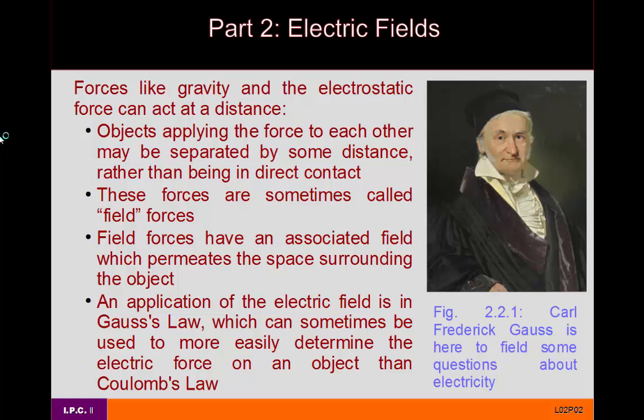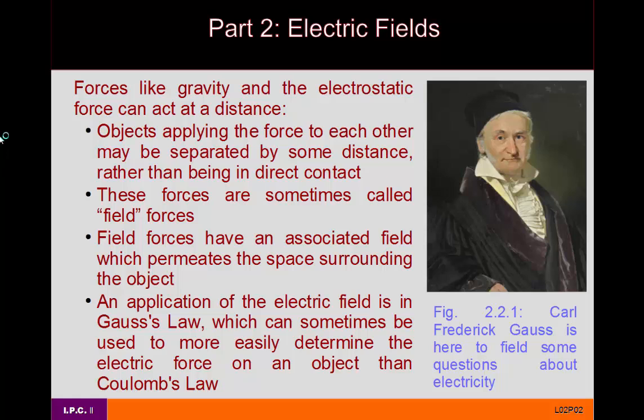So, in other words, the Earth can apply a force of gravity on the Moon, and the Moon likewise applies a force of gravity on the Earth, and the two aren't in contact with each other. They're not physically touching. And forces of this type are what we call field forces.